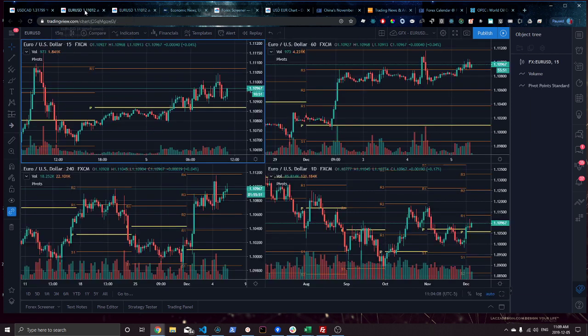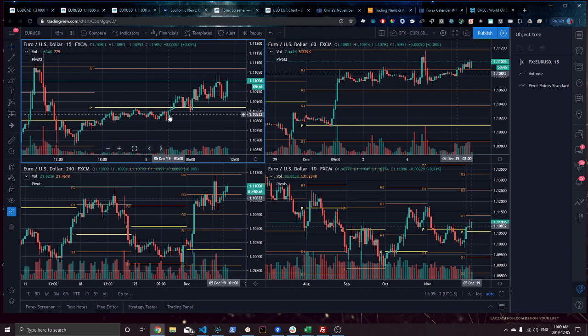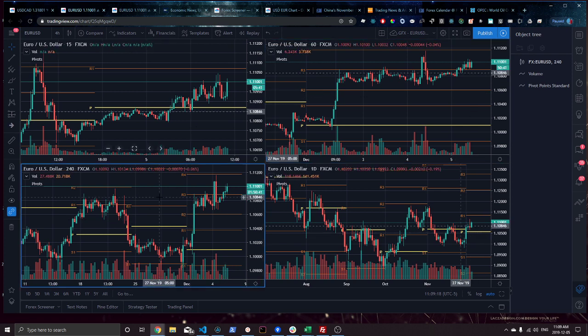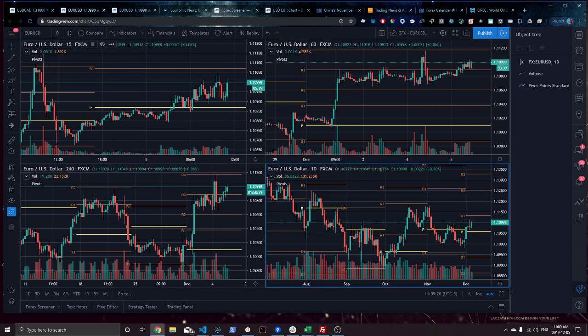I've set up a chart here with four charts: one for 15-minute, one for 1 hour, one for 4 hours, and one on the daily. This way you can have a quick overview when you're day trading. You can see what your pivot points are on different time frames, which helps quite a bit when you're making judgment calls.